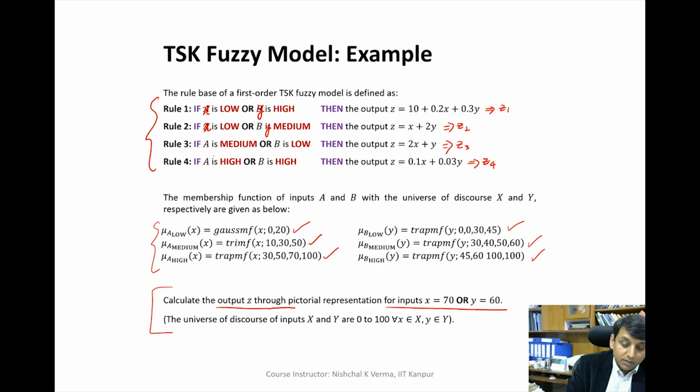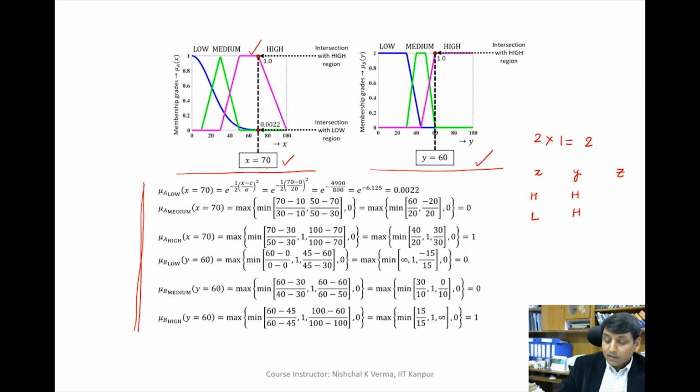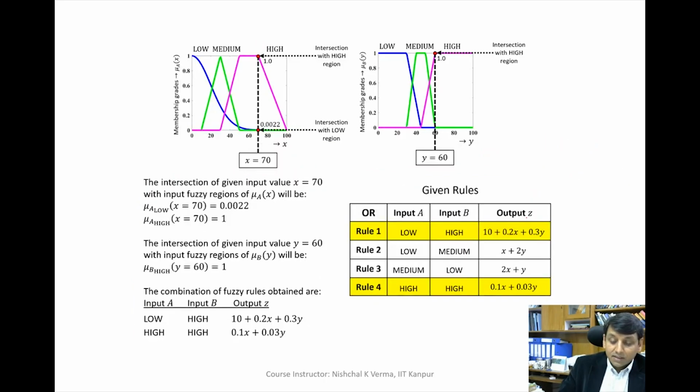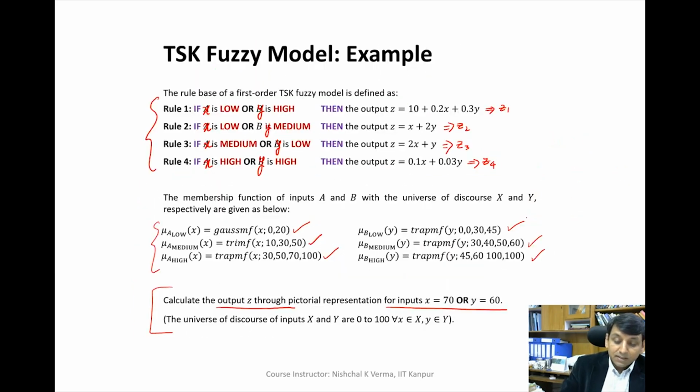When x is low or y is high, this combination applies, so the output applicable is Z1.